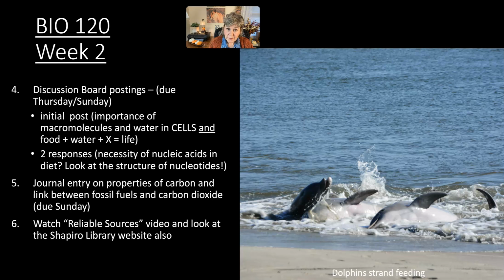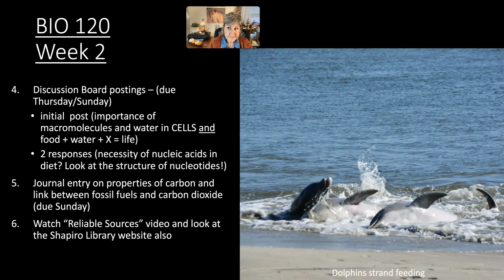Your 2 response posts. You need to look at food labels, right? Look at food labels. See what's contained on the food label. Carbohydrates, check. Fats, that's what it will say instead of lipids. Check. Proteins, check. Nucleic acids?